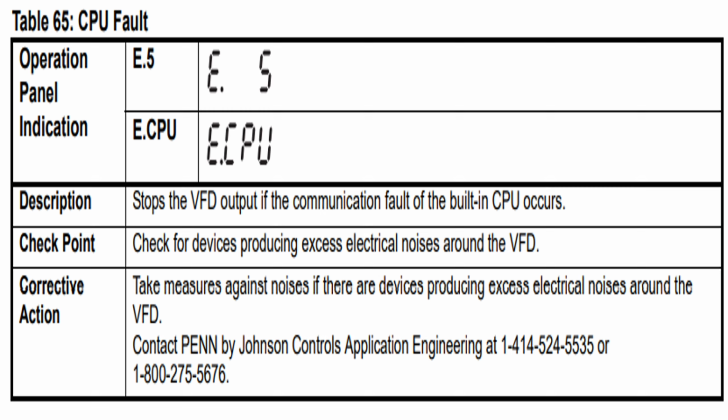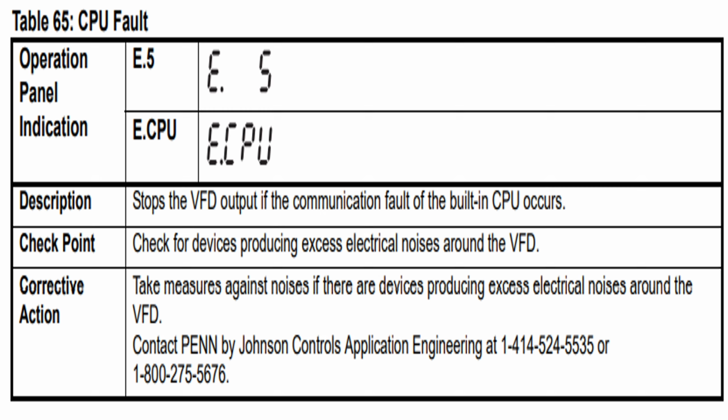Okay, E05. At the operation display it will show E05 or E.CPU. Description: stop the VFD output if a communication fault of the built-in CPU occurs. Check for devices producing external noise around the VFD, and take measures against noise.